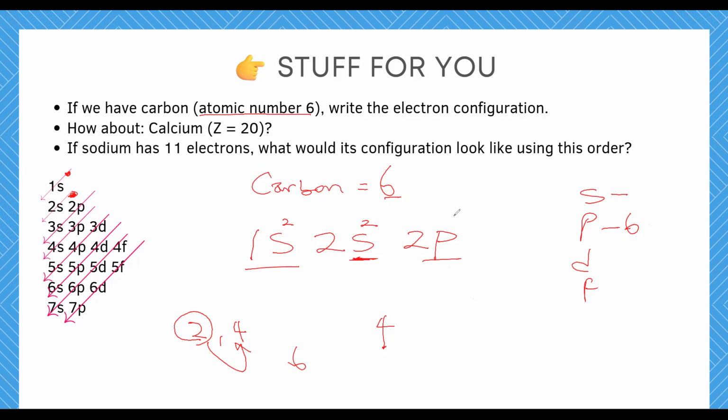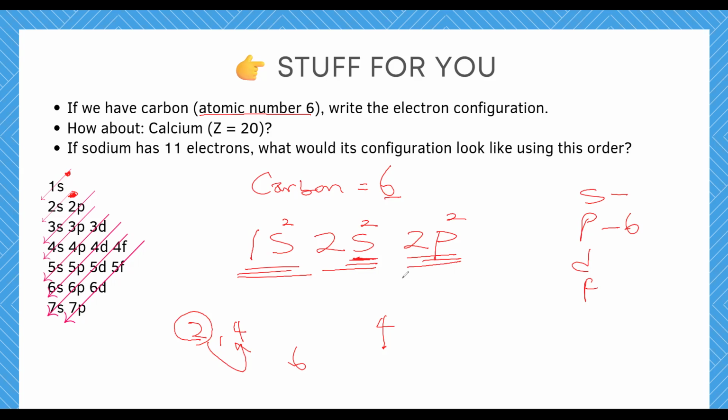So I'm going to put 2, because 2 is less than 6, which is the capacity of the p subshell. So this is the electronic configuration of carbon. Can somebody read it for me? 1s2, 2s2, and 2p2.